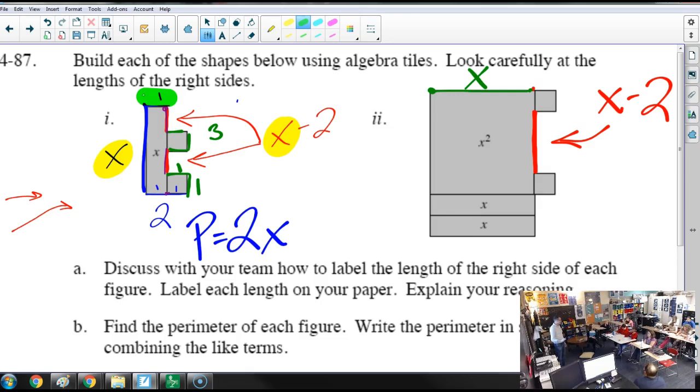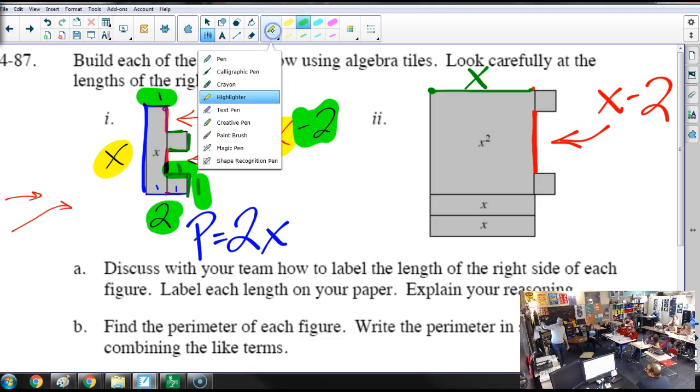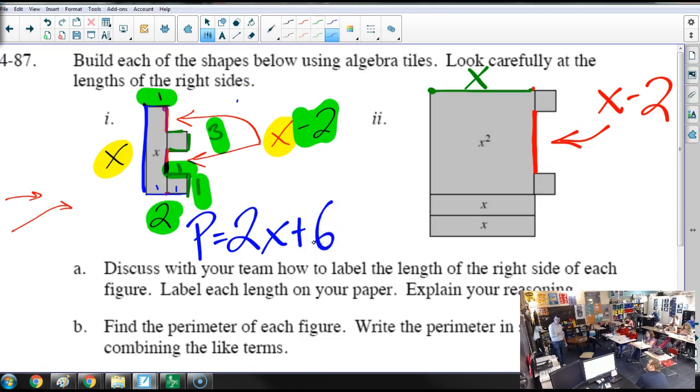Stop reacting like small things are big things. 1, 3, 4, 5, 6, 7, 8. What do I end up with? 6, right? Because I had 8 minus 2. 2x plus 6.